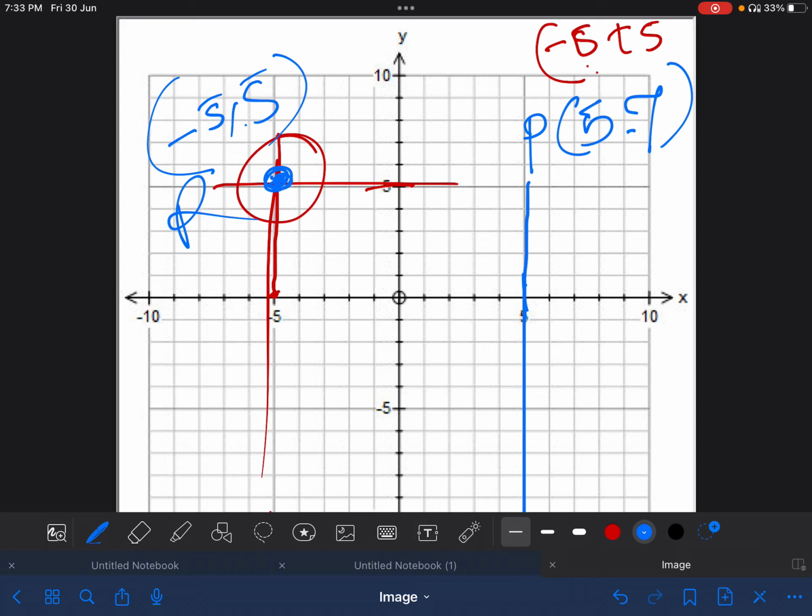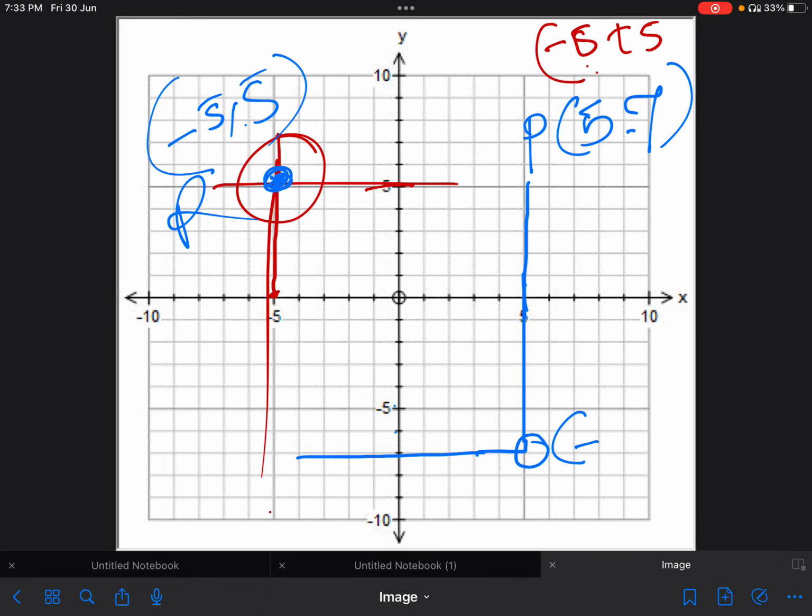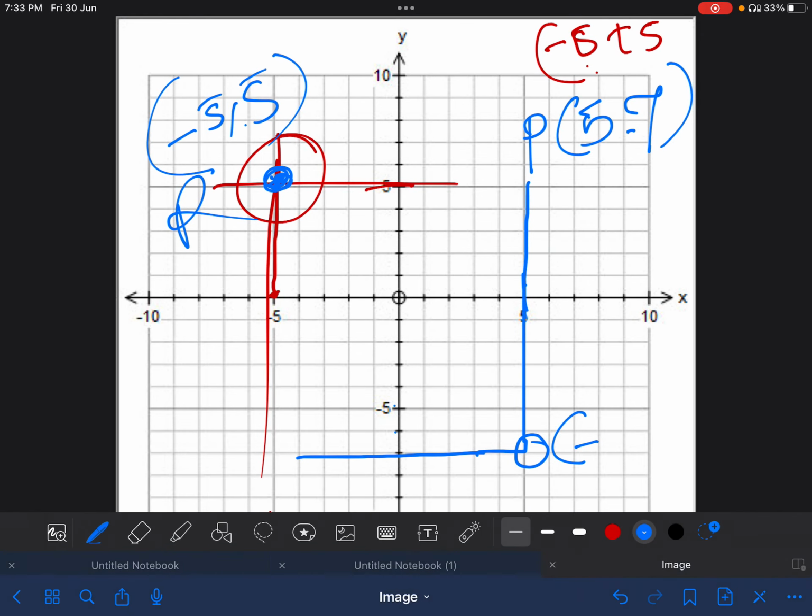Next, where is -7? So -5, -6 and -7. Again draw a horizontal line like this. Suppose these points intersect over here. This is the point which shows the coordinate x is equal to 5 and y is equal to -7.